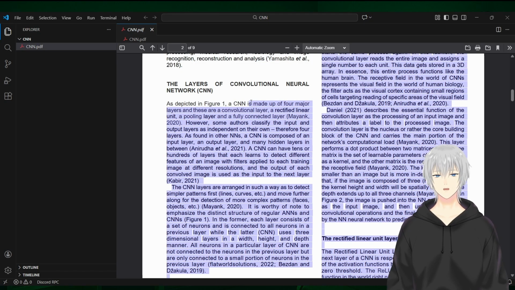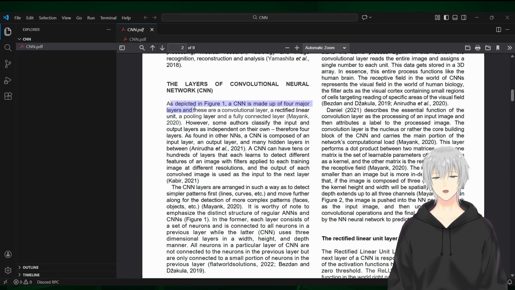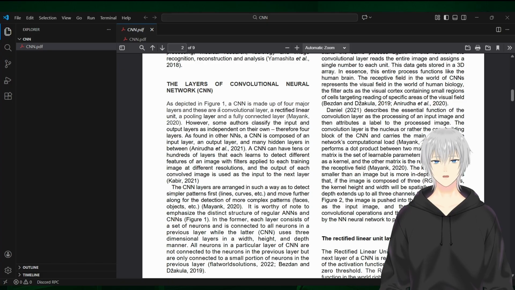As depicted in figure 1, a CNN is made up of four major layers. These are convolutional, rectified linear unit, pooling layer. Okay, so it is made of four major layers: convolutional layer, rectified linear unit, pooling layer, and a fully connected layer.